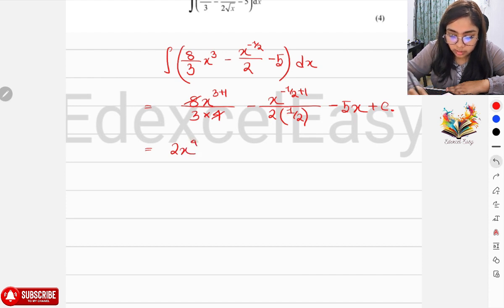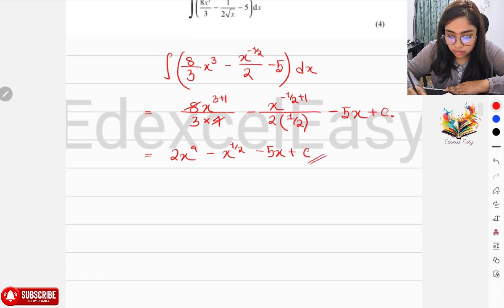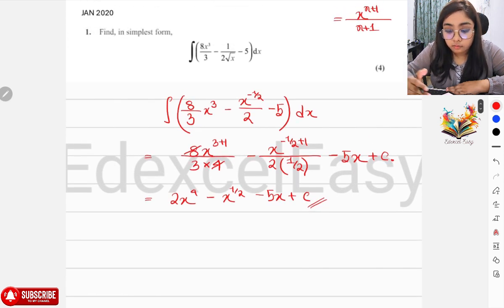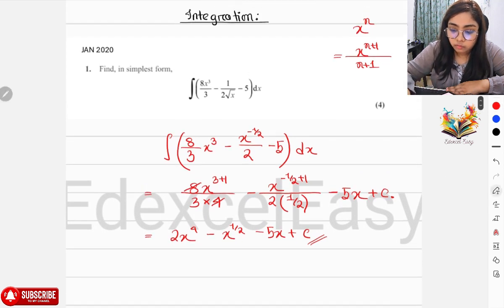This entire thing will be cancelled out because 2 multiplied with half is just 1. So you get minus x to the power of half, then minus 5x plus c. This is your equation that you get after integrating the original equation. And that is the end for your normal integration. This was taken from Jan 2020, question 1.